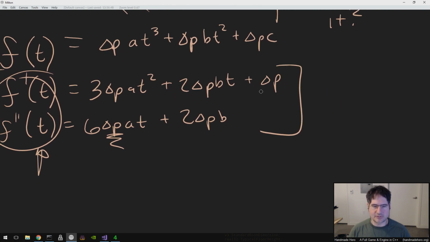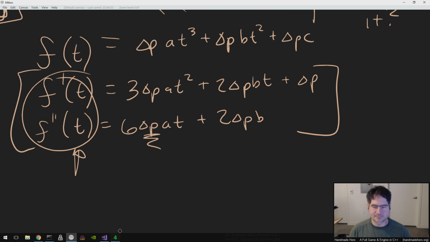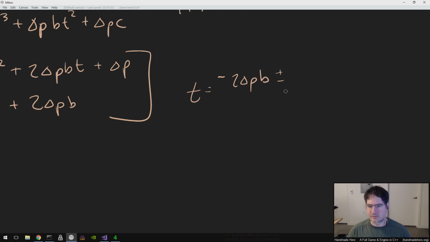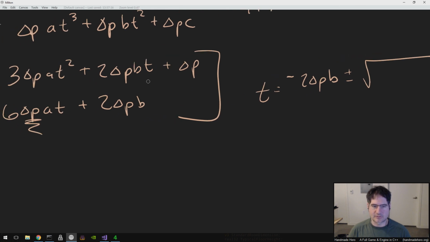You know, if you look at this equation, if you solve this in terms of the quadratic, you would get t equals negative b, which is this term. So negative 2 delta p b plus or minus square root of b squared. So it's that again.